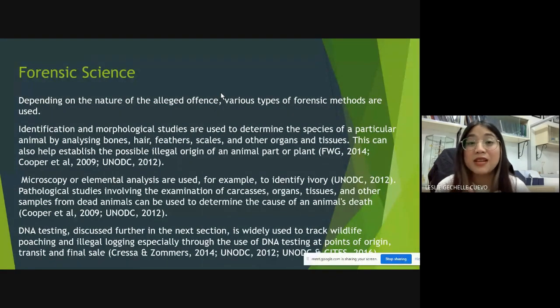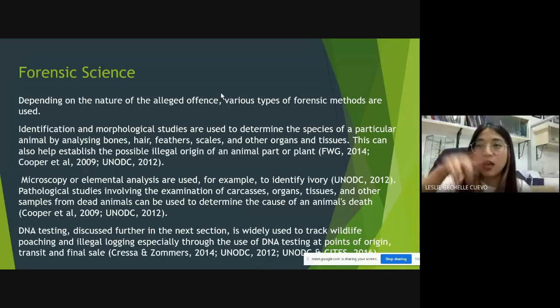Kung maalala niyo yung lesson natin dati, 'pag shark, yung fin lang ng shark ta's binabalik yung shark sa ocean ta's slow death yun para sa kanila. O kaya yun nga, yung ivory, yun yung mga sa elephant, kalimutan ko yung tawag, pero yun. Yun lang yung mga pino-poach yung mga elephants for their body parts.